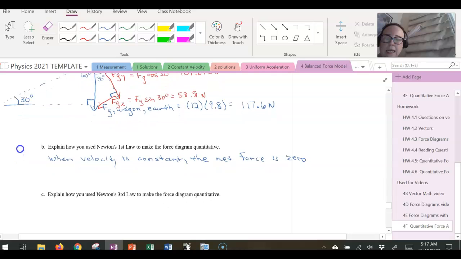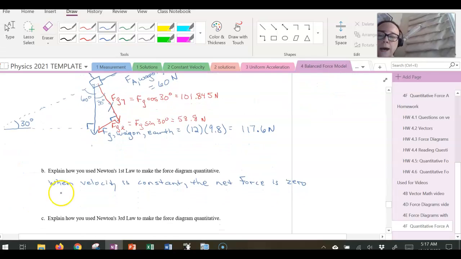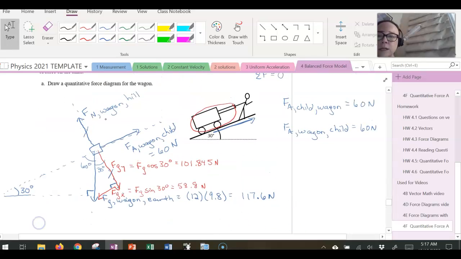Okay, and so we can say here that the normal force must equal the y component of the force of gravity, because the sum of the forces in the vertical direction must equal 0, and that means that the normal force equals FGY. And so I can go ahead and fill that in.